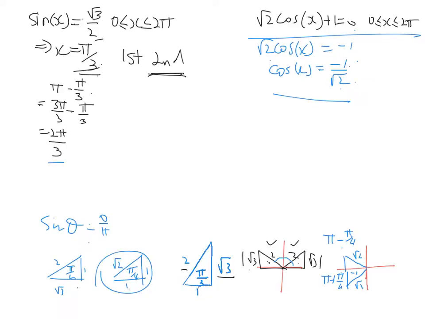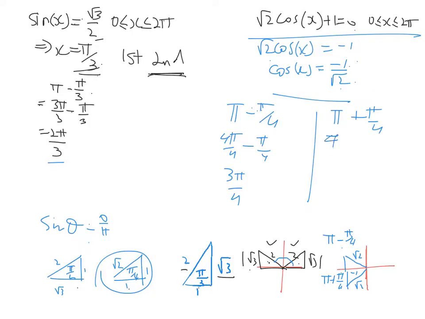To work those out, we'll do it over here, where we've got some more space. So we've got pi minus pi on 4. That's the same as 4 pi on 4 minus pi on 4, and from there we've got 3 pi over 4. As well as that, pi plus pi on 4. So we've got 4 pi over 4 plus pi over 4, so we're left with 5 pi over 4.